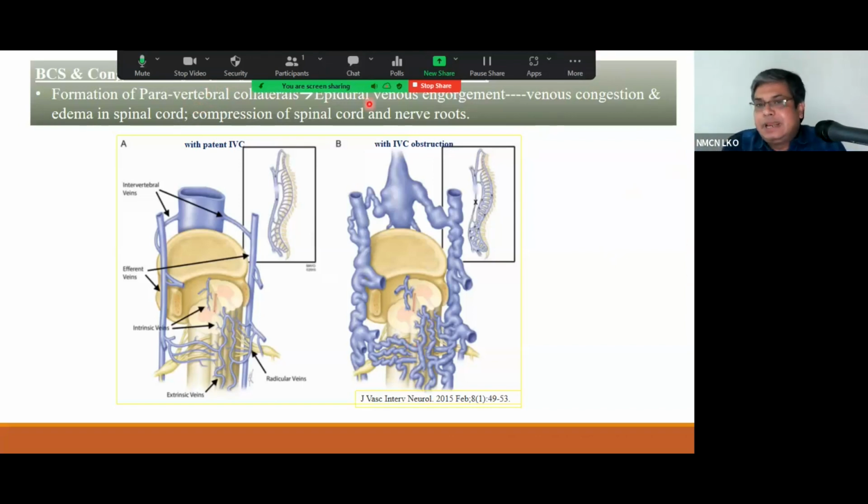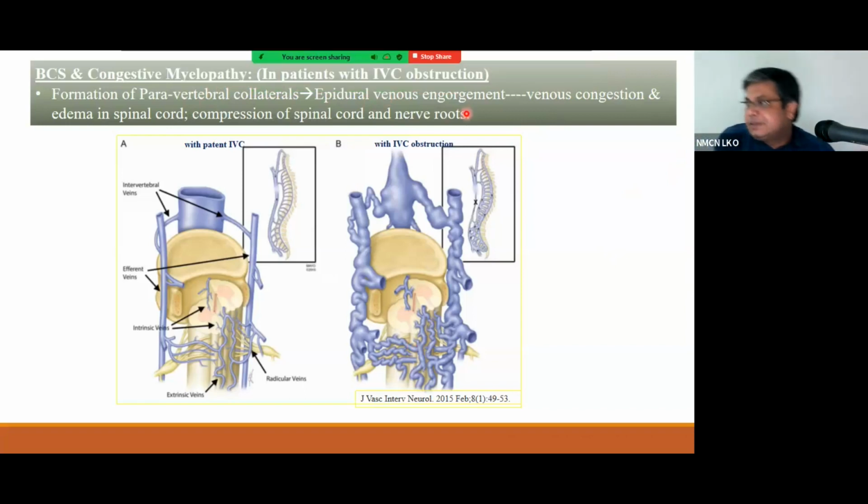This high pressure or reflux is transmitted back to the valveless epidural venous plexus, leading to epidural venous engorgement and venous hypertension in epidural veins, and this impedes the venous drainage of the spinal cord, leading to spinal congestion and edema, and results in features of congestive myelopathy.